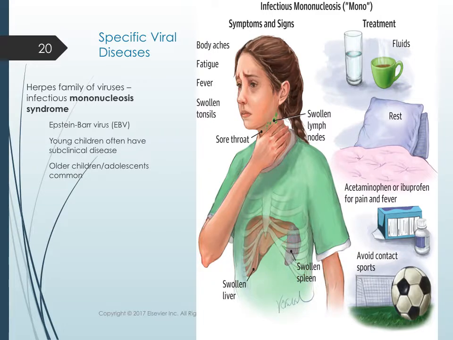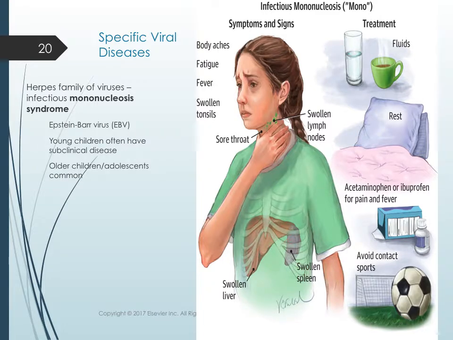Moving on to other types of viruses in the herpes family, including infectious mononucleosis syndrome. This is a viral infection commonly seen in teenagers, although we do see it in younger children. I have seen it in toddlers.